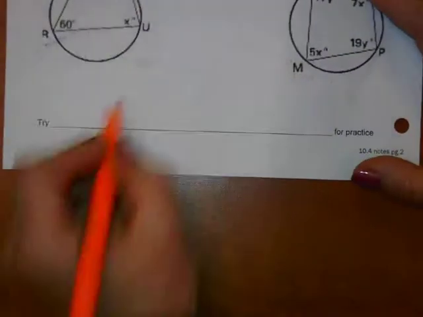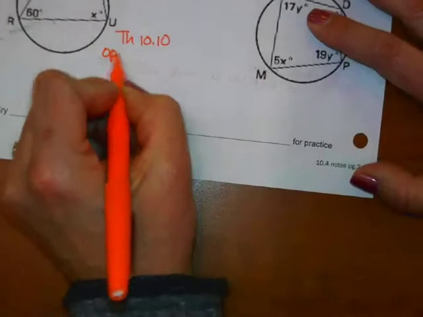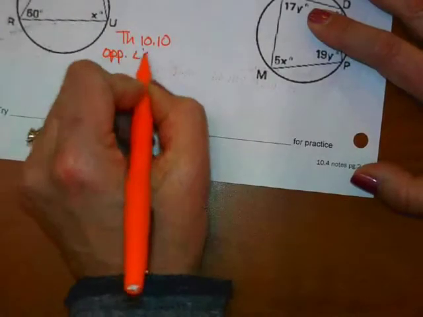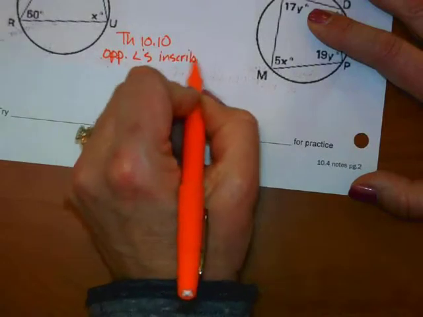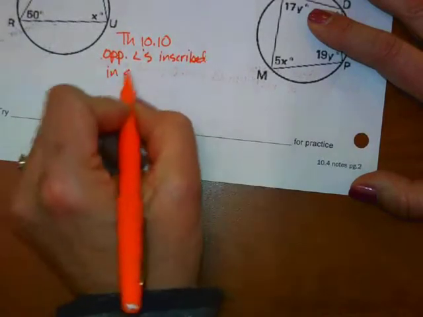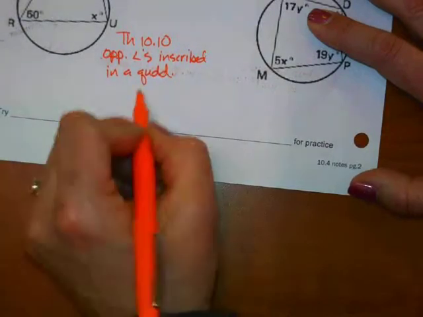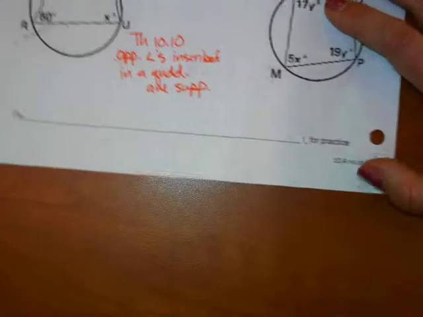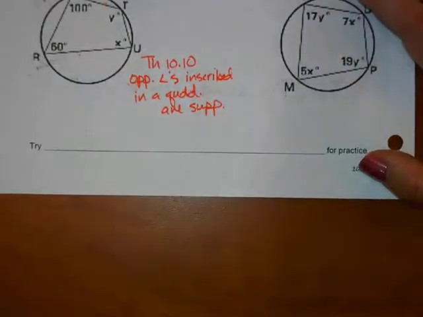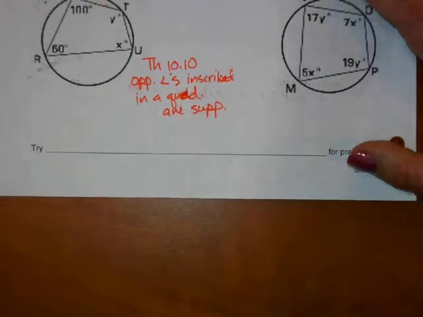So we would say, all right, theorem 10.10: opposite angles inscribed in a quadrilateral are supplementary. I know I'm abbreviating there. This is quad, quadrilateral.